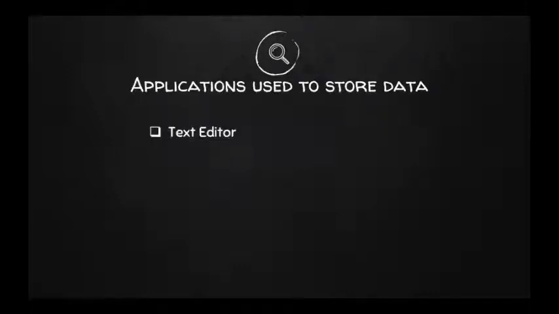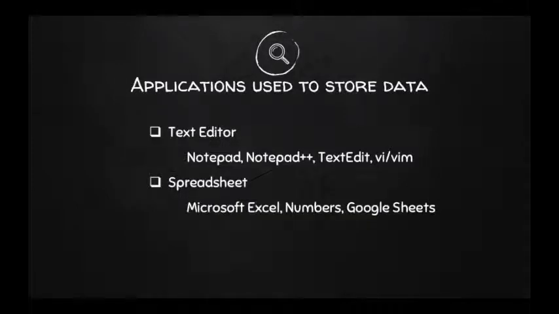So some of the applications we can use to store data. We've got our plain old text editor. This could be Notepad, this could be Notepad++, TextEdit, or you could even go old school Vi or Vim. Spreadsheets. Microsoft Excel has been around for years. It kind of is the de facto go-to spreadsheet for most companies.